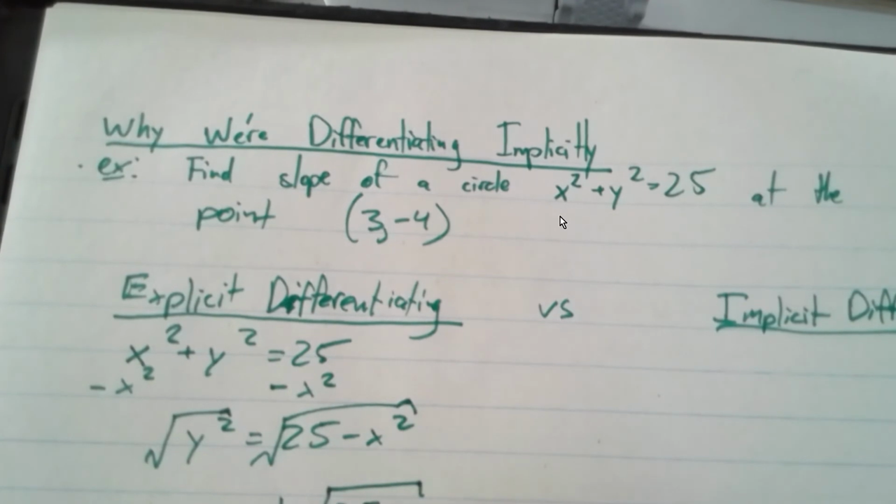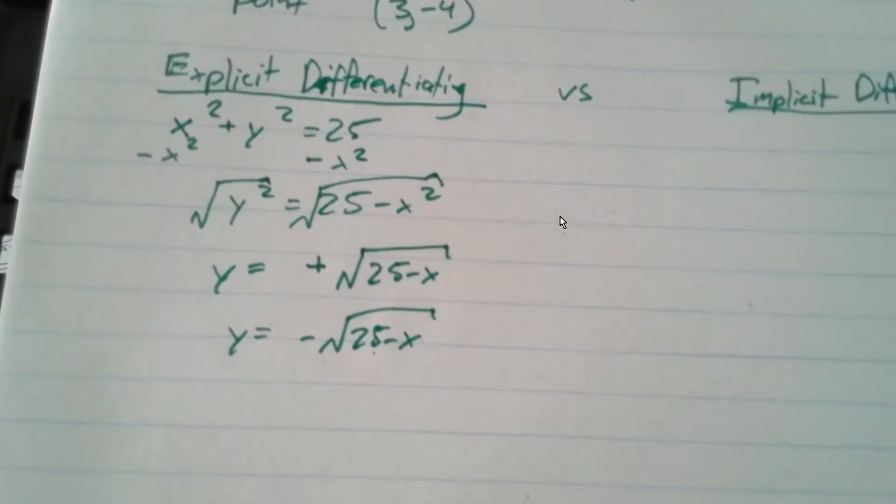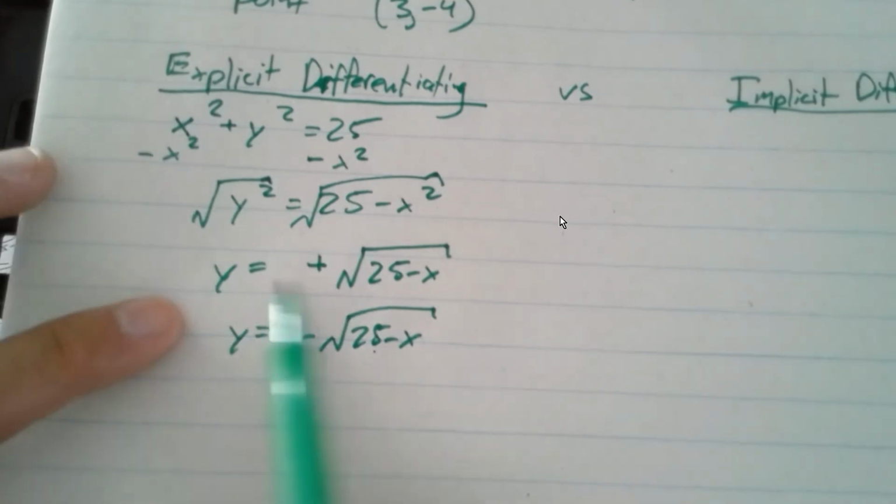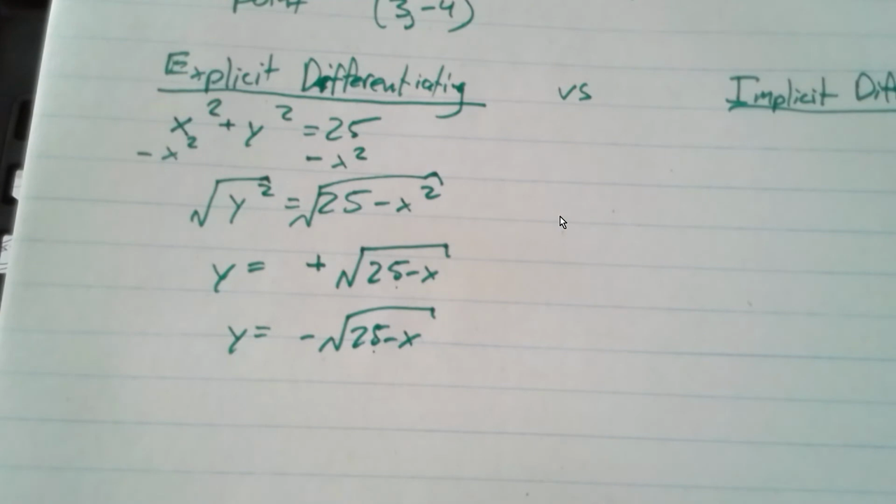There is a reason why I'm making this very explicit, no pun intended, okay? I'm explicitly writing that it's plus or minus the square root of 25 minus x squared. And then you just solve for the derivative of both of these, right? For some of you that didn't see it before, you could have done that before: just solve for y and then take the derivative, and that's it. That's the older way we've been doing it before today. That seems a lot easier, right?